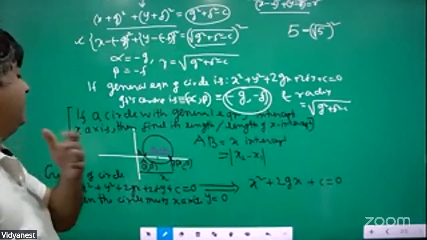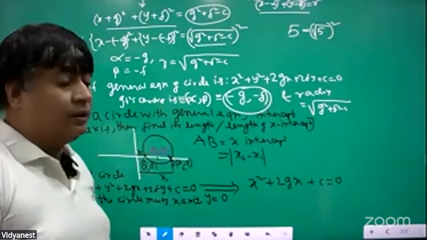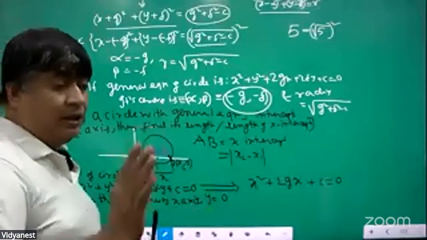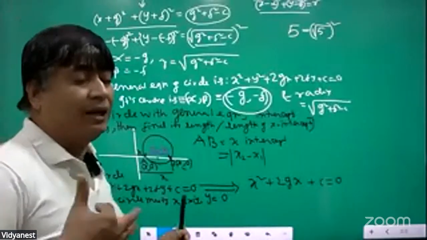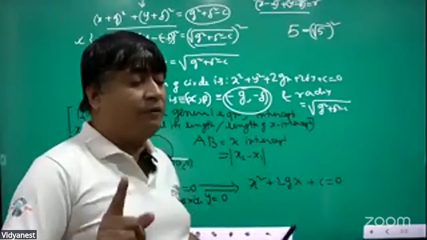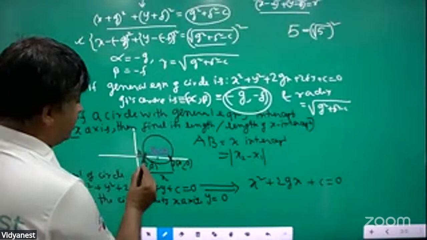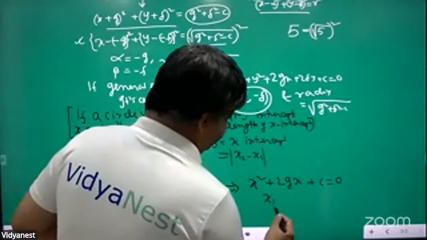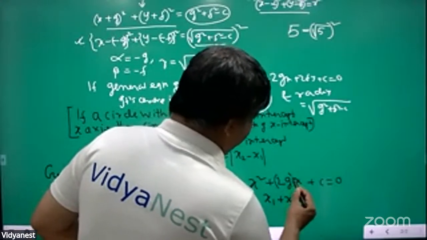So it is turned into a single variable quadratic equation. That means it has two roots. And you know the relation between the two roots of a quadratic. In class 10, irrespective of any board, you are taught alpha plus beta is minus b by a, alpha beta is c by a. So here the two roots are x1 and x2. So the sum of the roots is minus b by a. What is b over here? 2g.